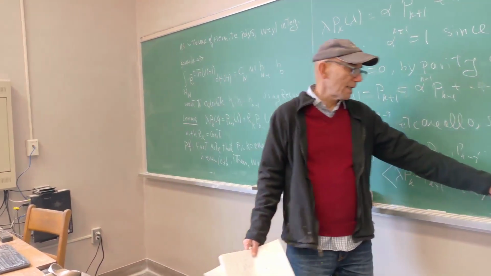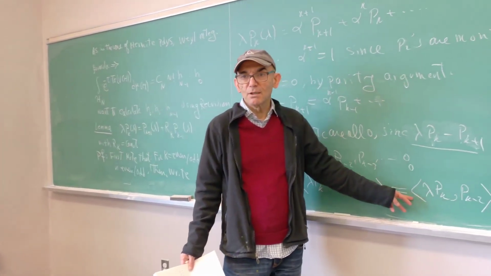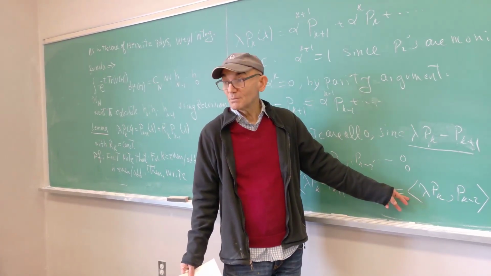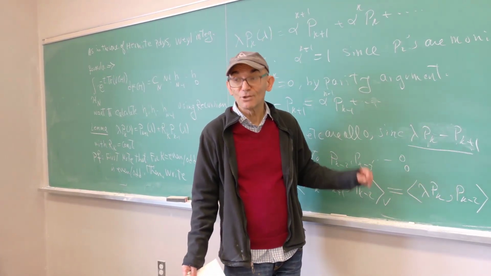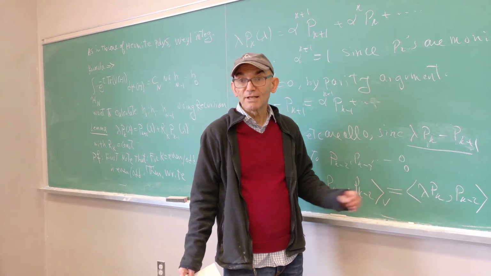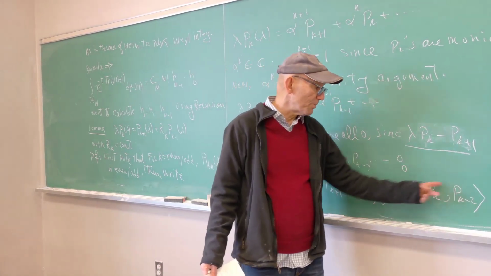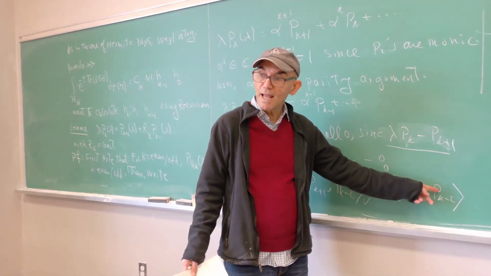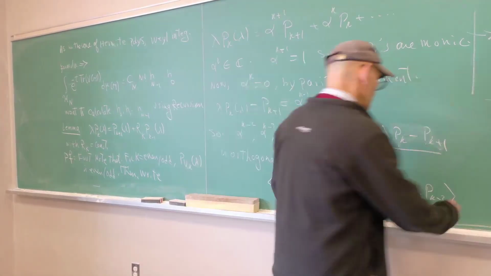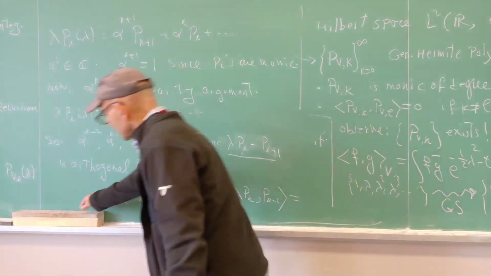Here it's tempting to say that this is 0 because lambda comes out, but that's a wrong argument because lambda is a variable, it's not a constant. So we cannot take it out of the integral. But we can use the adjoint property.